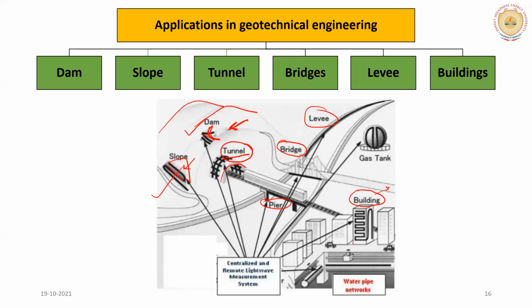And if we want to see the geotechnical aspect of it, we want to make sure that there are no unwanted settlements beneath this building, right? For pipe works, I have discussed about it. If there is any pipeline failure, we can detect using the optical fiber sensing. Then gas tanks, again, very important structure.